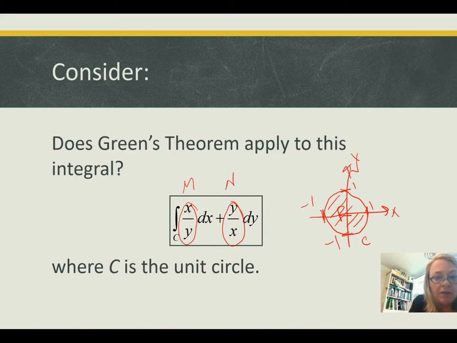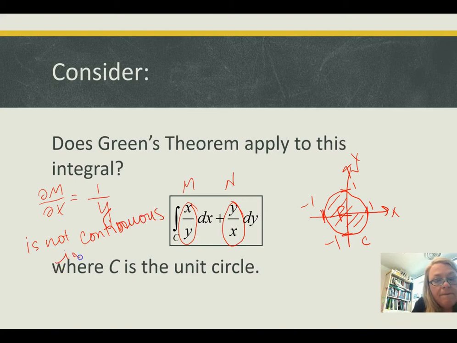So let's take a look at M. If I take the partial of M with respect to x, that's 1 over y. And is the function 1 over y continuous in our region? This is not continuous in the region R. And why not?